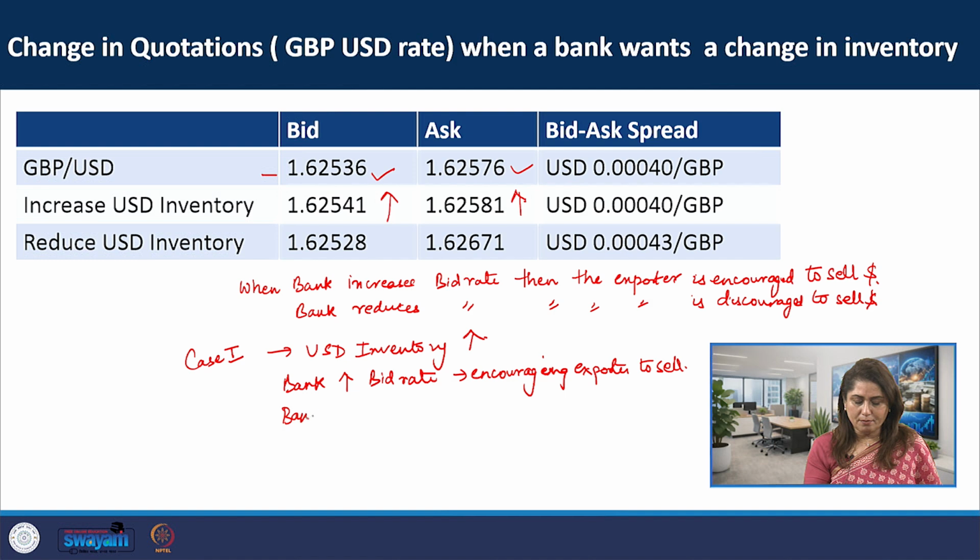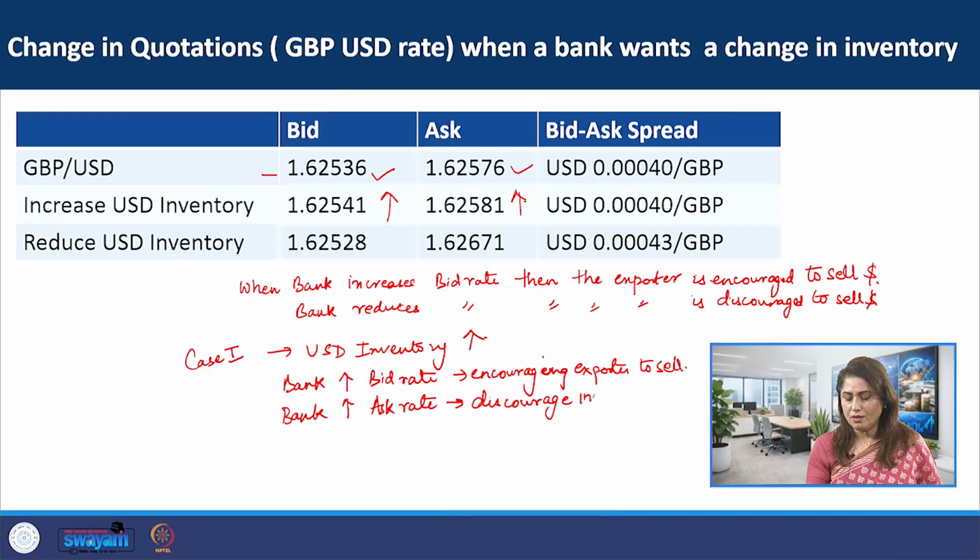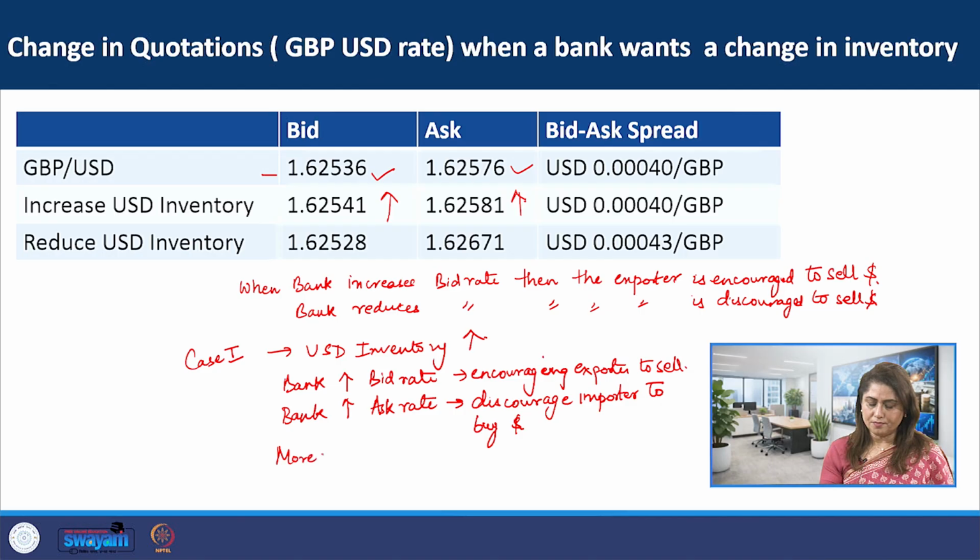And at the same time, the bank is increasing the ask rate to discourage the importer from buying dollars. So there will be more selling than buying of dollars, which will increase the USD inventory in the bank.